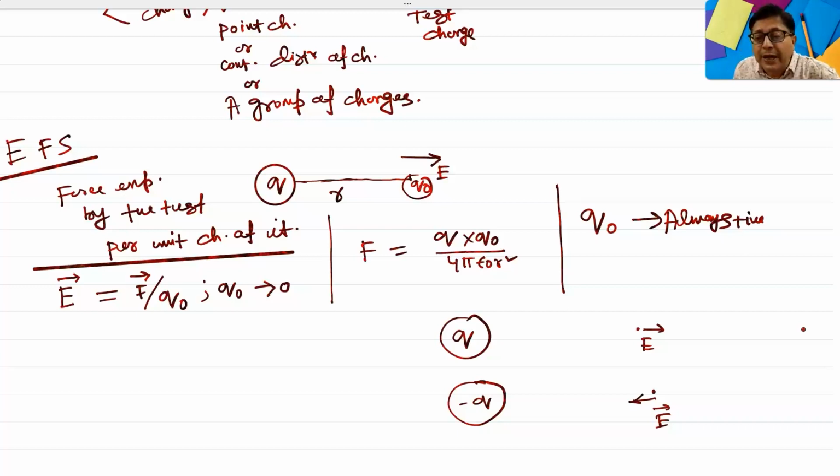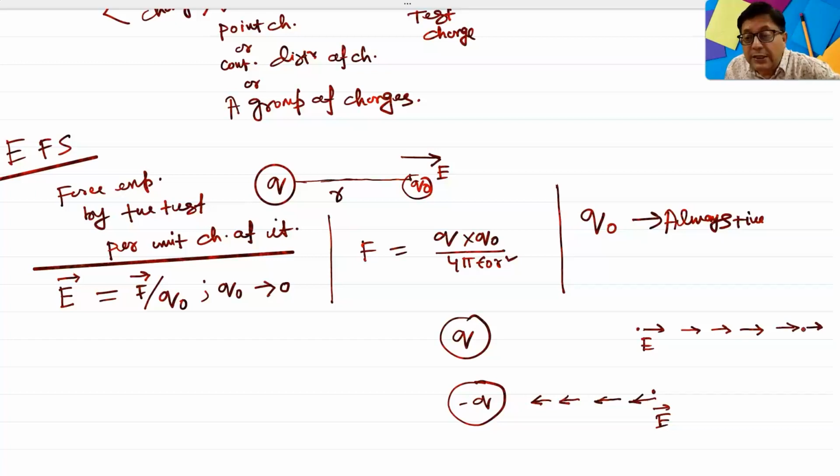So what is happening actually? Due to this charge Q, you take the test charge to any point away from it, it goes on experiencing force in this manner. And here it goes on experiencing force due to negative charge in this manner. Actually, this is the concept of electric field line. Electric field lines will be directed in this manner. I will be explaining electric field line in a separate session, but the concept of electric field line arises from here.